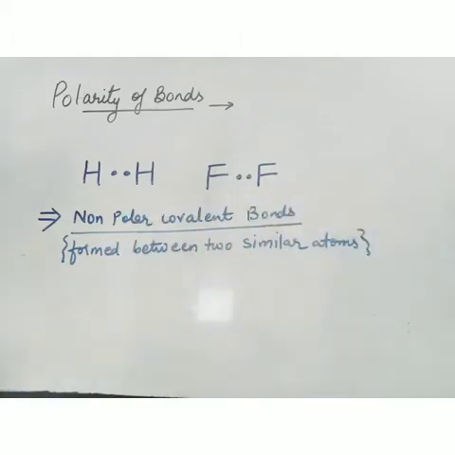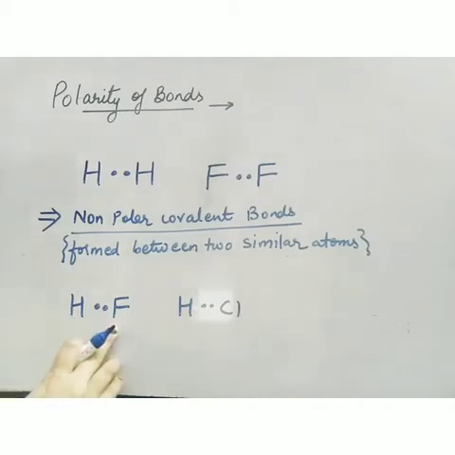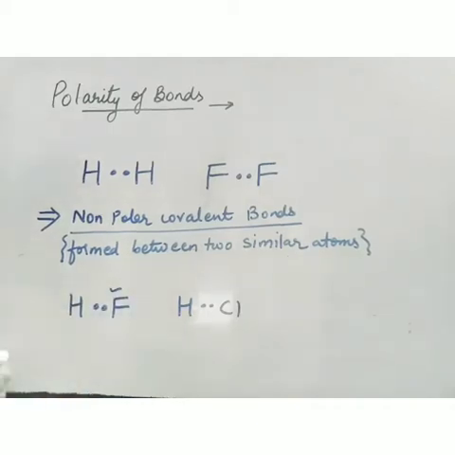Okay, the electron pair will remain in between the 2. They will equally share. But sometimes the covalent bond is formed between 2 dissimilar atoms like this. Okay, now the 2 atoms are not similar, and since the 2 atoms are not similar, their nuclear charges are different. Consider this example. Now fluorine is having higher nuclear charge, plus 9 protons are there.